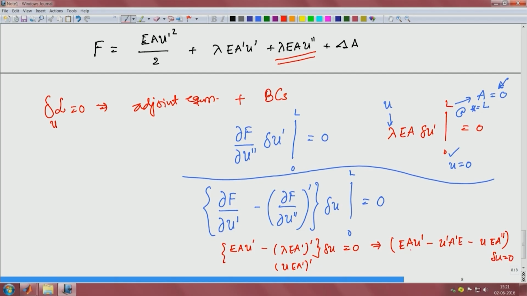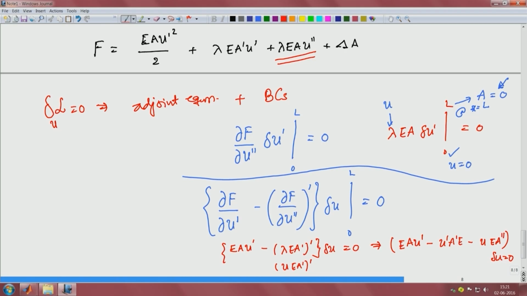Now, we have this is A', anything gets cancelled, E A u' A' E, they do not get cancelled, but you can see what happens at x equal to 0 and x equal to L, and find out how this condition can be satisfied. When x equal to 0, if we look at it, we have delta u.